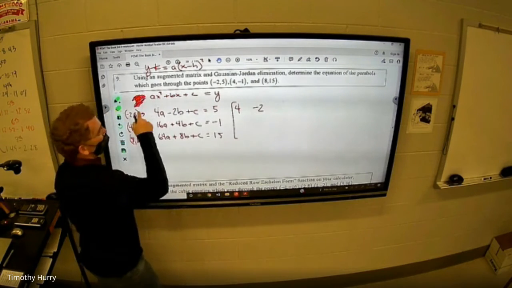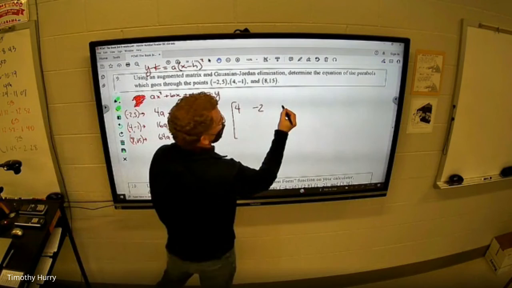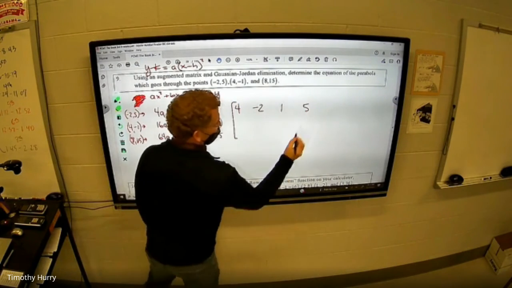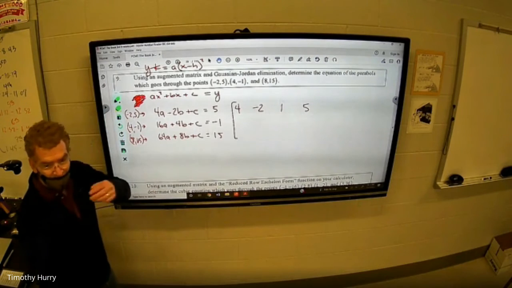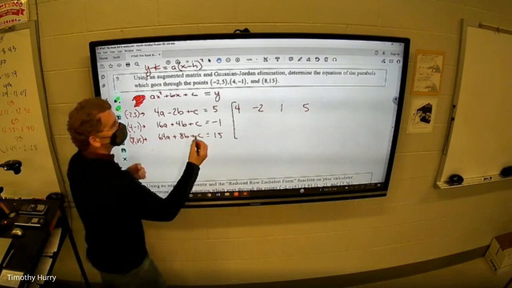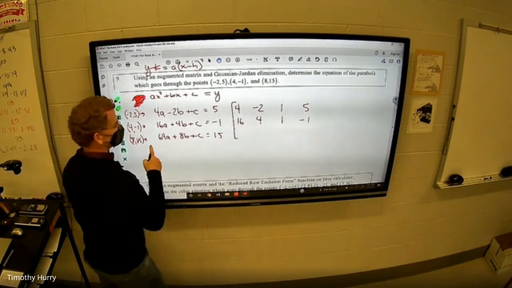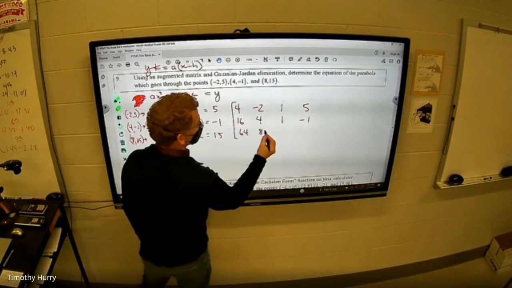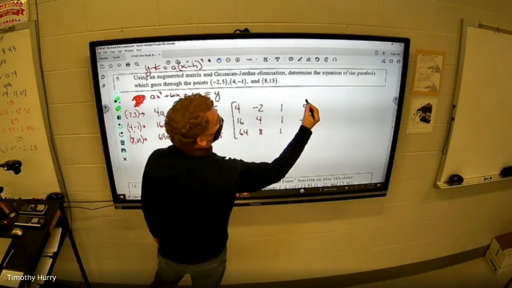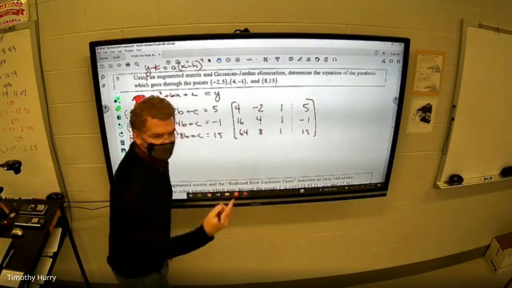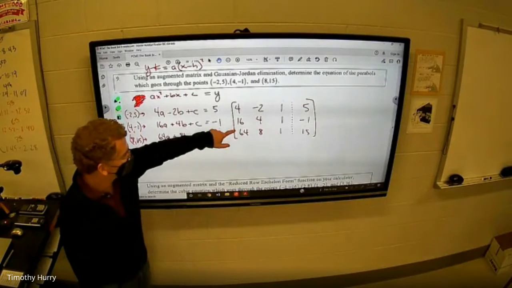There's no place to plug in -2 for c; the coefficient of c is 1, and then equals 5. So I could probably do that as I went. But if you needed to do it like this, knock yourself out. 64, 8, 1, 15. And if that is an augmented matrix, can you go through the Gaussian elimination process to make those 3 things zeros?